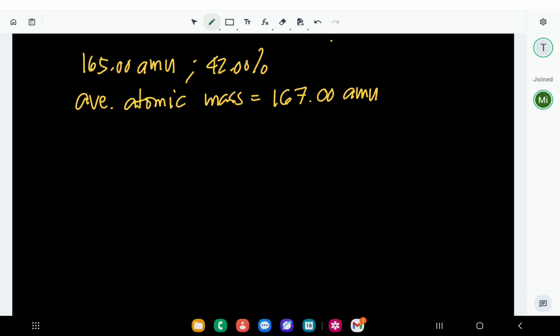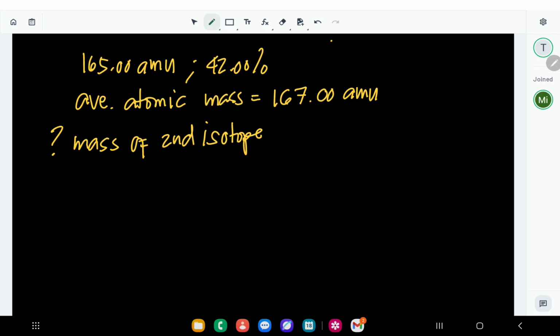We are asked to calculate the mass of the second isotope. We're given isotope 1, and the mass of isotope 1 is 165 atomic mass unit, and the abundance.